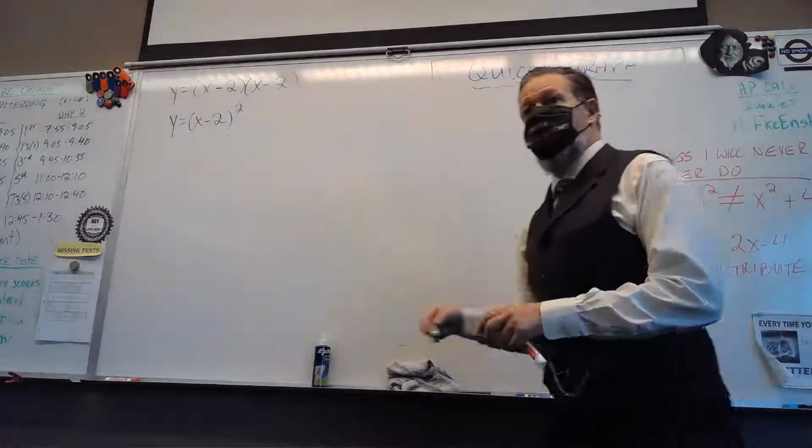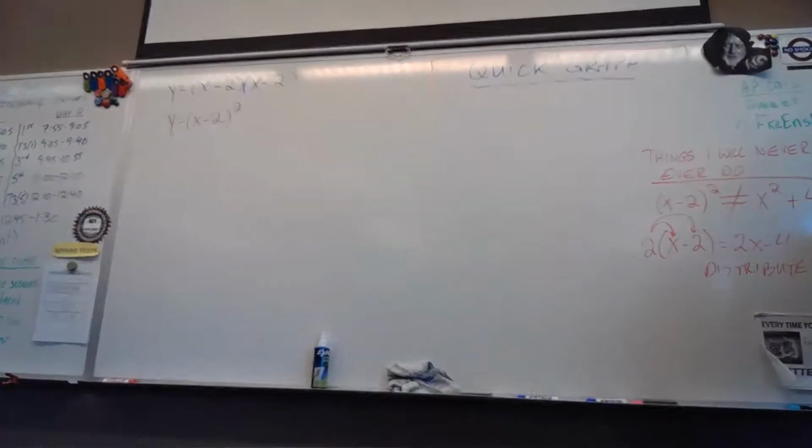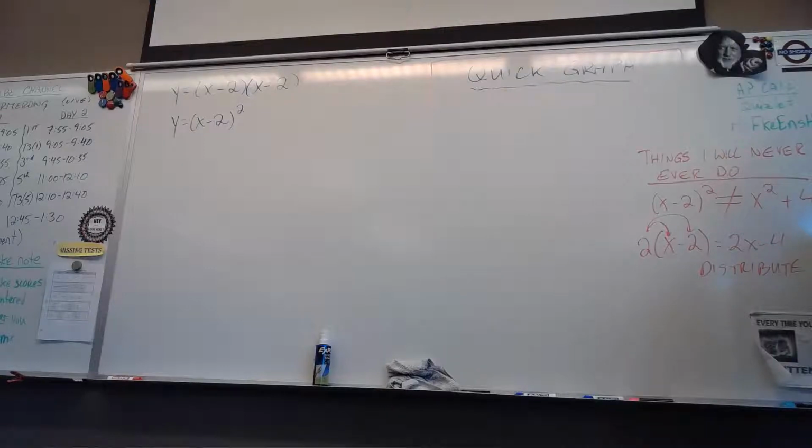I'm going to take a green pen and put a happy face next to that. And here's why I think people do this. Oh, I distribute the 2, and so I square the x and I square the 2, or the negative 2. But of course, that's not how we do that, is it?